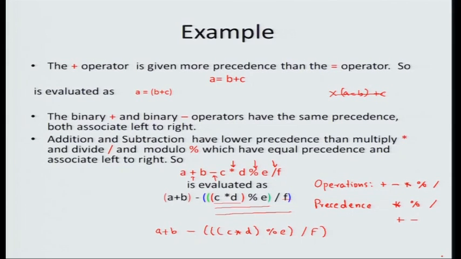Again, we know that they have the same precedence, so let's think of them as the same operator. Both of them have left to right associativity, so I'll do A plus B first and then the minus. Within the same precedence level, you decide which operation to do first purely based on the left to right associativity.